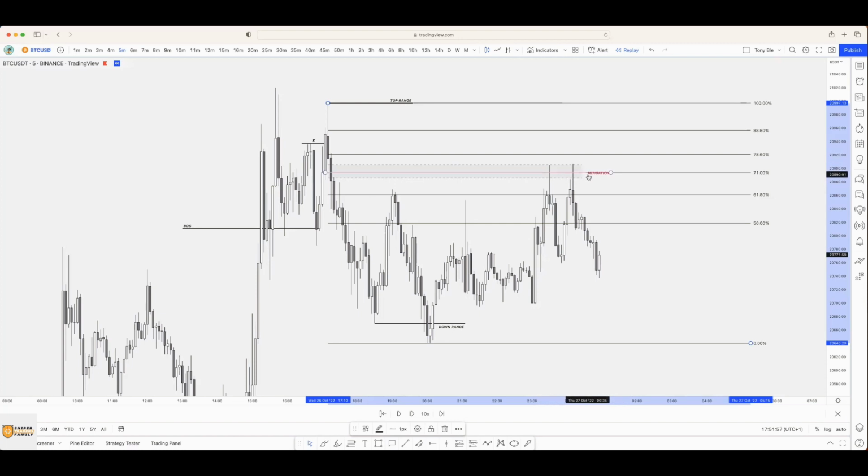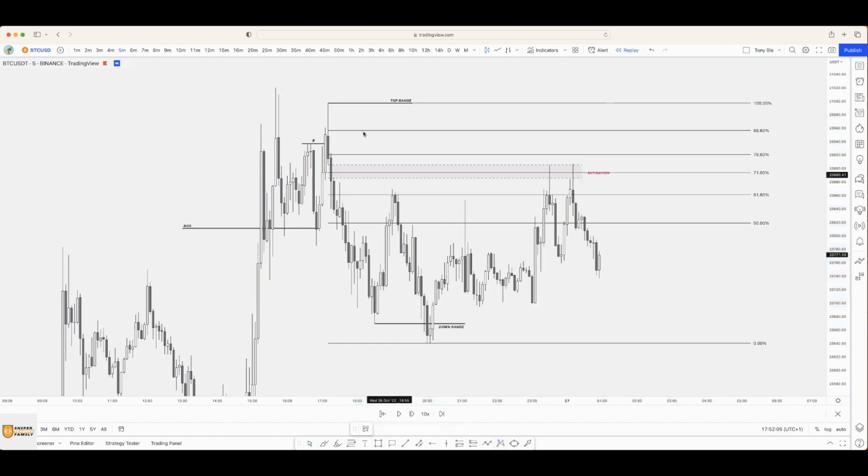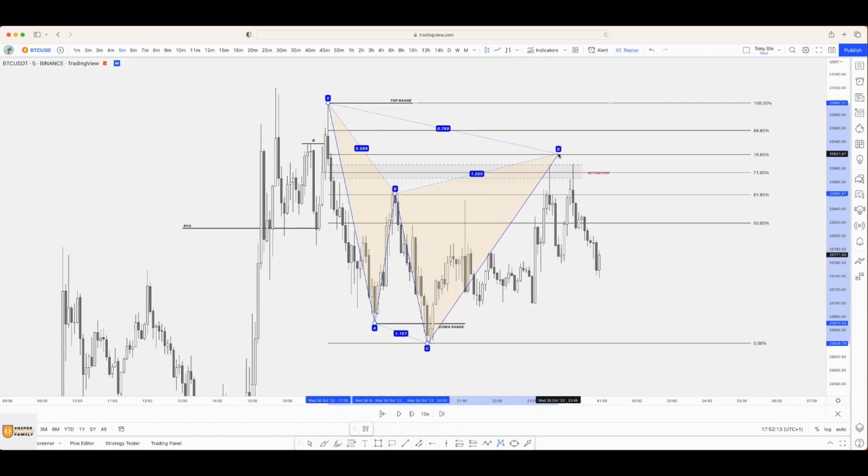This stopped at 71. So for this to be a Cipher, it needs to end at 786, and it was very, very close to 786. So something like this, and 786 would have been the entry for a Cipher harmonic pattern, right? But it doesn't have to be picture perfect, right?